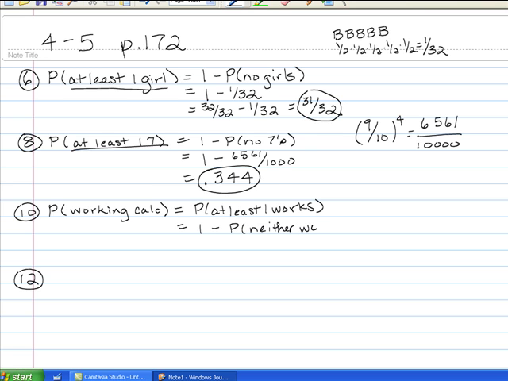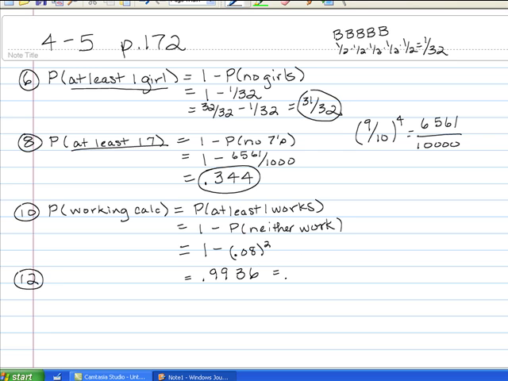The probability any calculator doesn't work is 0.08, and she has 2 of them. So we have 1 minus 0.08 squared, which is 0.9936. So that's about 0.994.